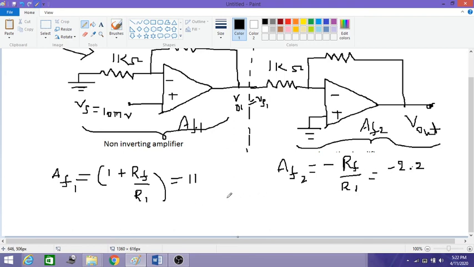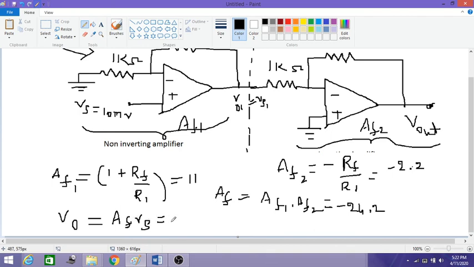So now calculate the final AF. So final AF is equal to AF1 into AF2, so we will get this as minus 24.2. So then finally V0 is equal to AF into Vs, so this is equal to minus 24.2 into 10 millivolts, which we will get as minus 242 millivolts.